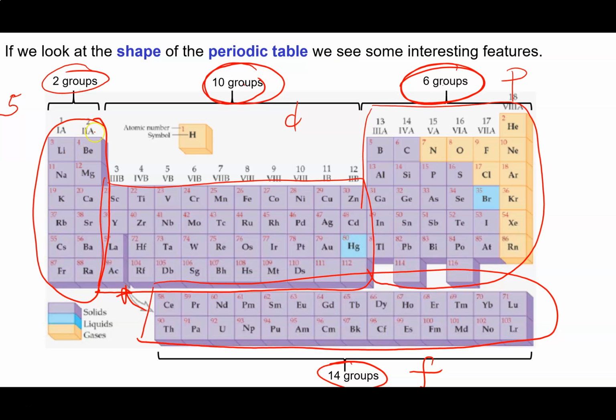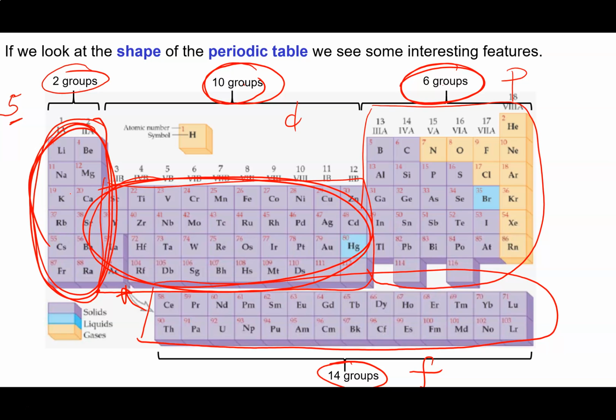So for example, anything in these 2 groups on the far left is going to have its outermost electrons in an S-type subshell. Anything in the middle is going to have its outermost electrons in a D-type subshell. Anything on the far right is going to have its outermost electrons in a P-type subshell. And underneath, you guessed it, its outermost electrons are going to be in an F-type subshell.